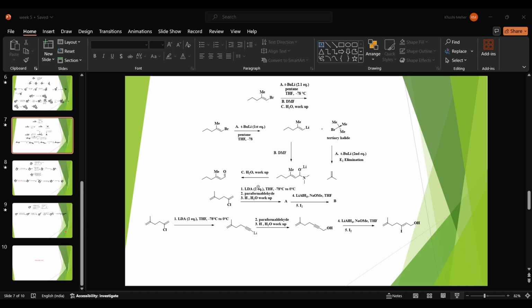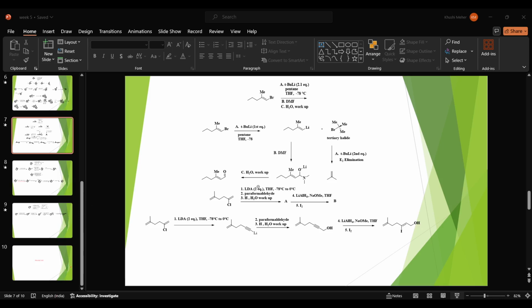First, what will happen? By using LDA, if instead of this chlorine you have bromide also, we call them alkenyl halides. Alkenyl bromide or alkenyl chloride, in the presence of strong bases, first by using the first equivalent of LDA, will abstract the proton, and you will get your corresponding alkyne.